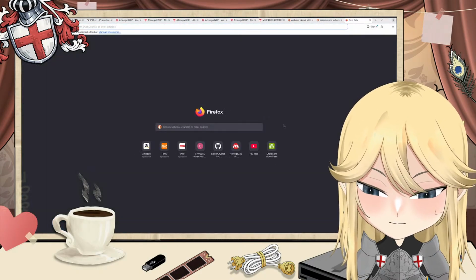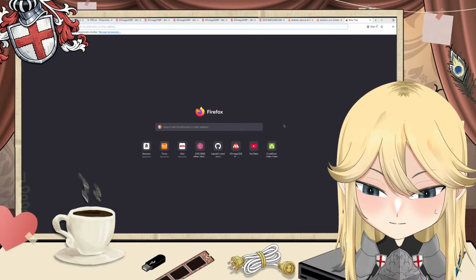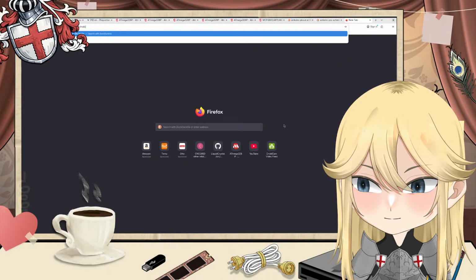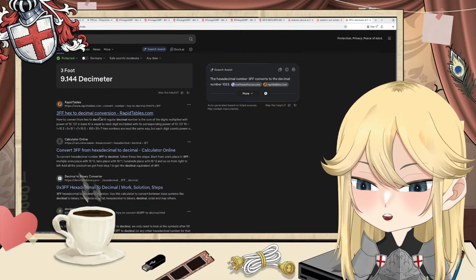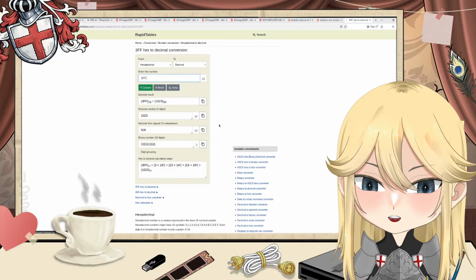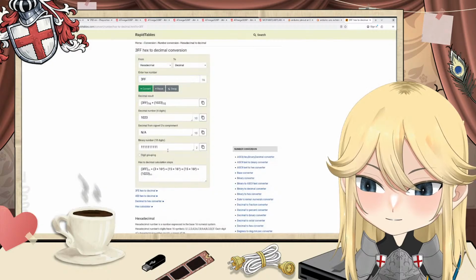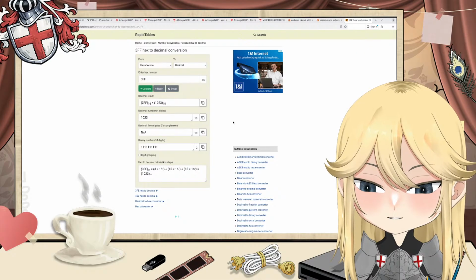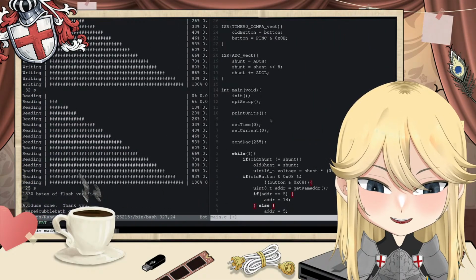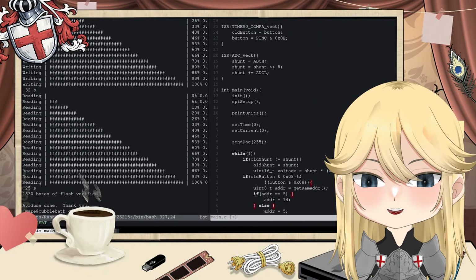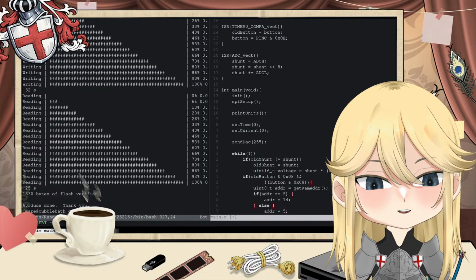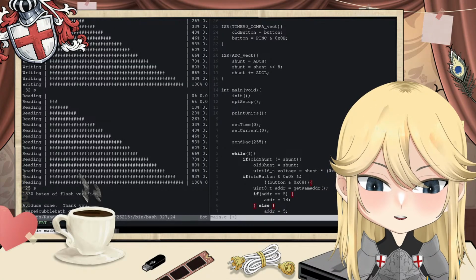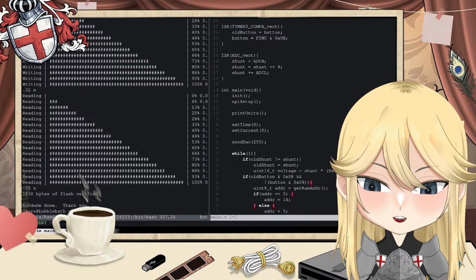Actually, hold on. 3FF in decimals. What would that be? 1023. Yeah, actually we don't have that much. So times 5 volts.